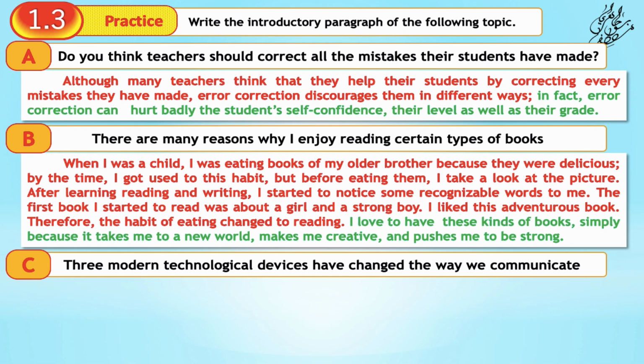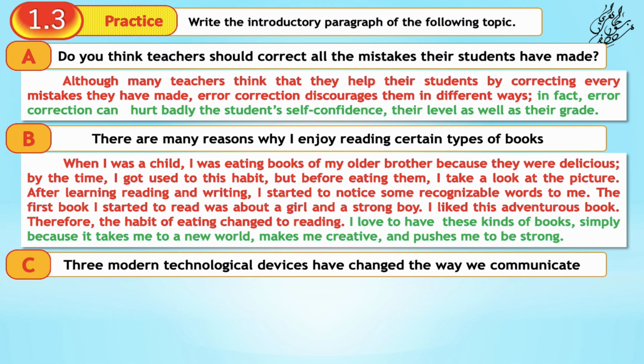The first book I started to read was about a girl and a strong boy. I liked this adventurous book. Therefore, the habit of eating changed to reading. I love to have these kinds of books simply because it takes me to a new world, makes me creative, and pushes me to be strong.